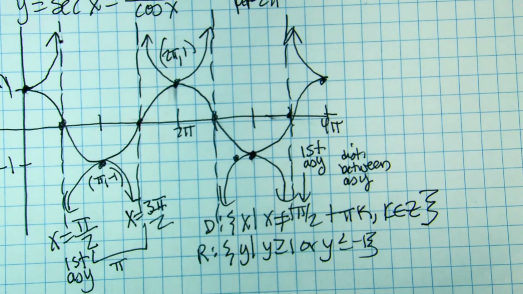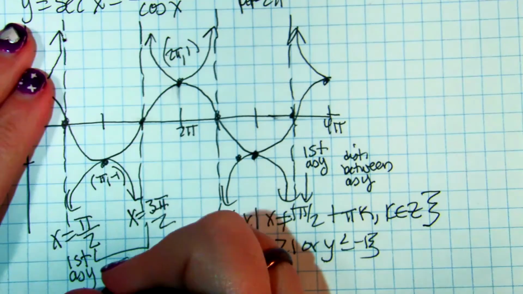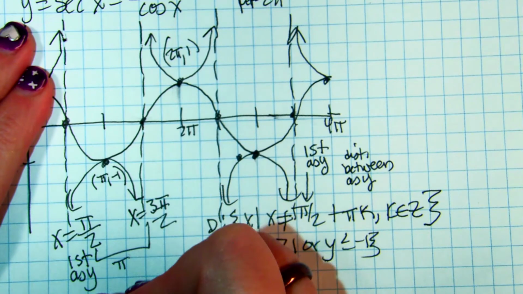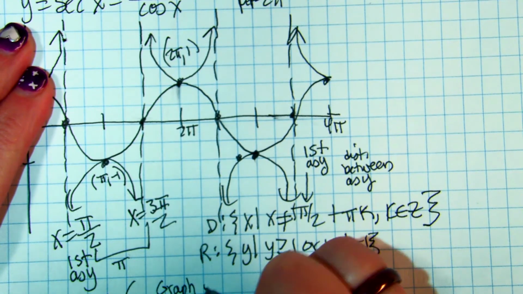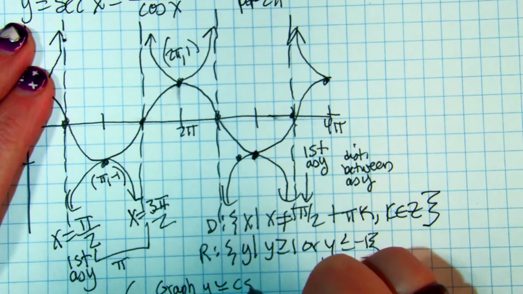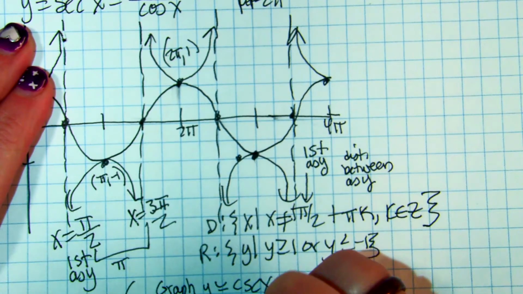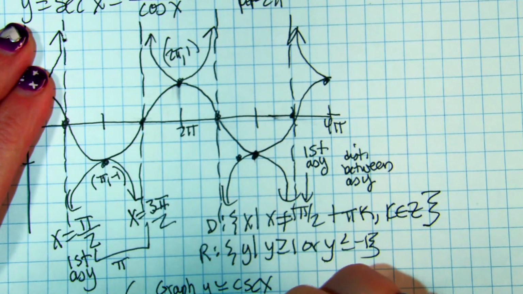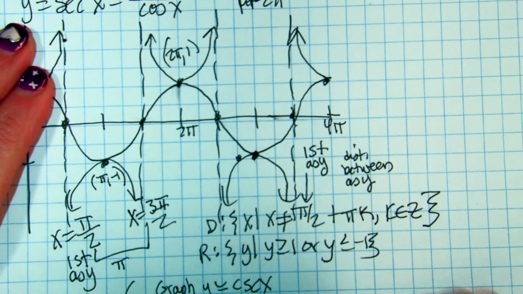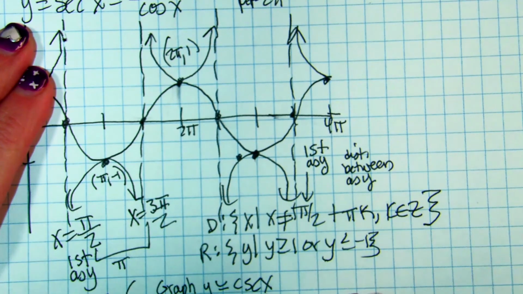What I want you to do for your homework, number 94, graph y equals cosecant x again, y equals secant x, y equals 2 secant x, so you have to go up to 2 and down to -2, and y equals 1/2 cosecant x.